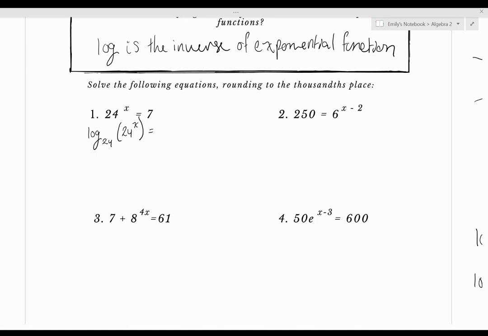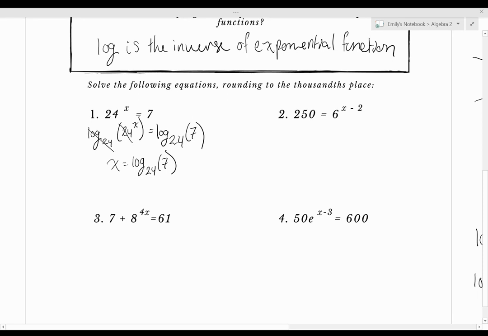The same holds true for our logarithms. I'm still going to have to take the log base 24 of my 7 to keep everything balanced in my equation. So log base 24 of 7. And then we can cancel these out because, as we said, they're inverse operations. So this becomes x equals log base 24 of 7. Now, we have another way that we can represent this base 24.